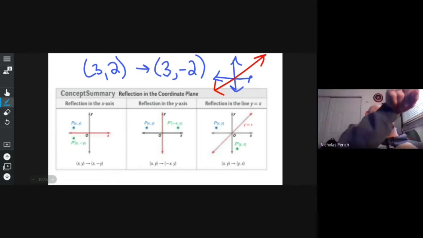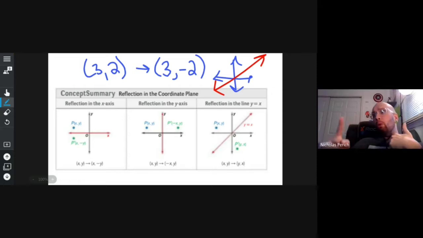What was once on the top left is now on the bottom right, and vice versa. The way you handle that is, since y equals x, you just flip the y and the x. So if the pre-image is (x, y), then the new image is going to be (y, x).